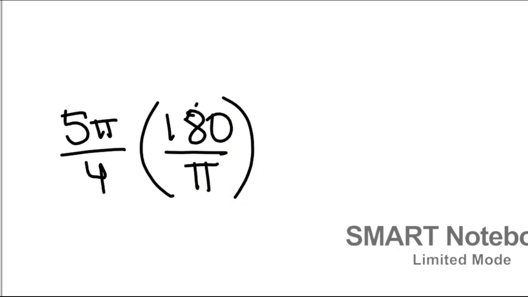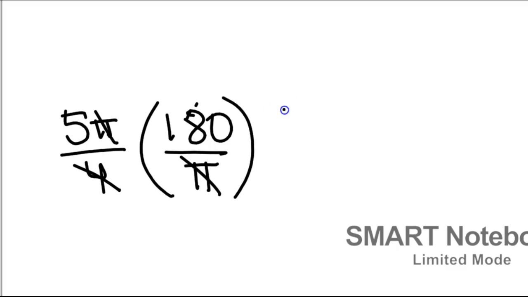Okay, so in here I have a pi in the top and 1 in the bottom, so those can cross off. And I can simplify the 4, and 180 divided by 4 is what? Anybody got a calculator ready? 45?